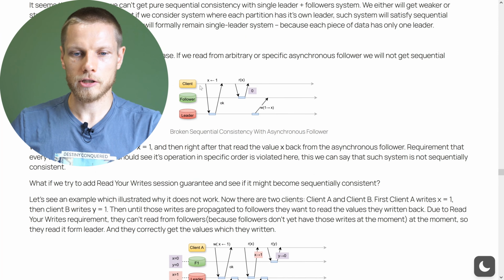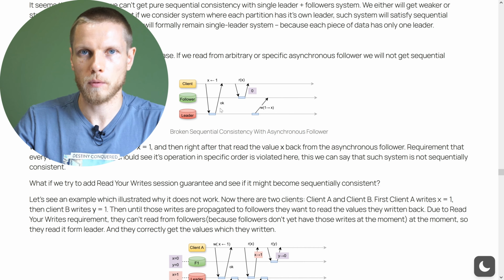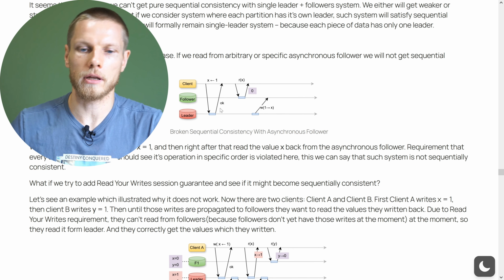But first, let's start with an illustration of why we can't get pure sequential consistency in a traditional single leader system without partitions. In leader-follower systems we could have synchronous or asynchronous followers. Let's review them one by one, and let's start with the asynchronous follower. Here is one simple illustration of broken sequential consistency with an asynchronous follower.